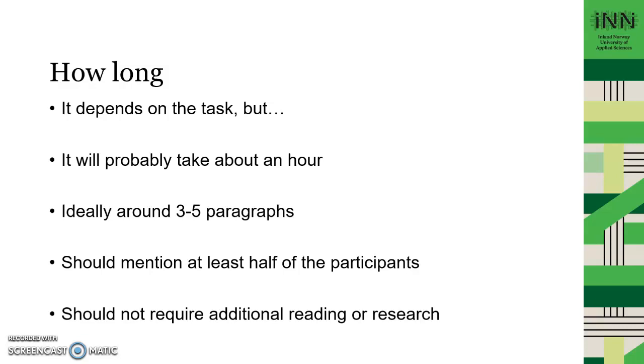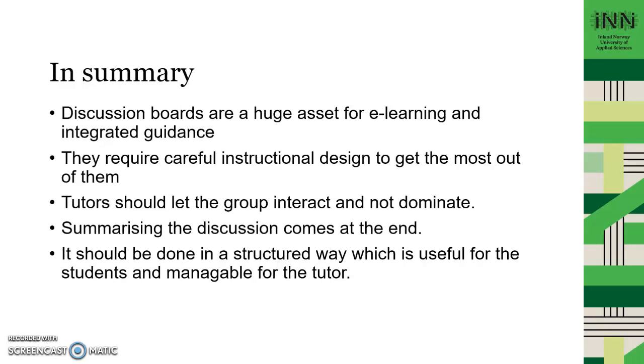And it shouldn't require additional reading or research. So you're not going out and finding out new stuff. You've done the teaching, you've provided them with the content, you're asking them to discuss it, and then you're summarizing what they've discussed. Of course, you might add an occasional bit of additional information in, but that is not the primary purpose of what we're doing here.